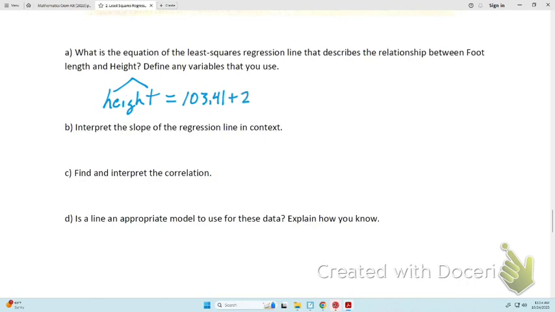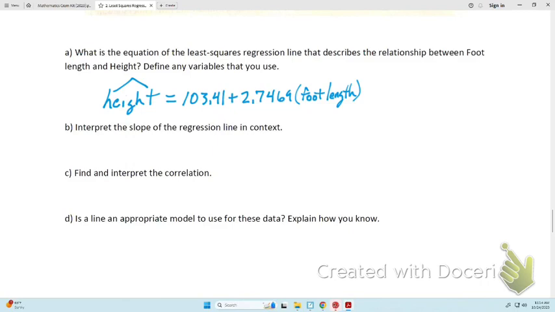Slope-intercept form. And that is all they are asking for on part A.